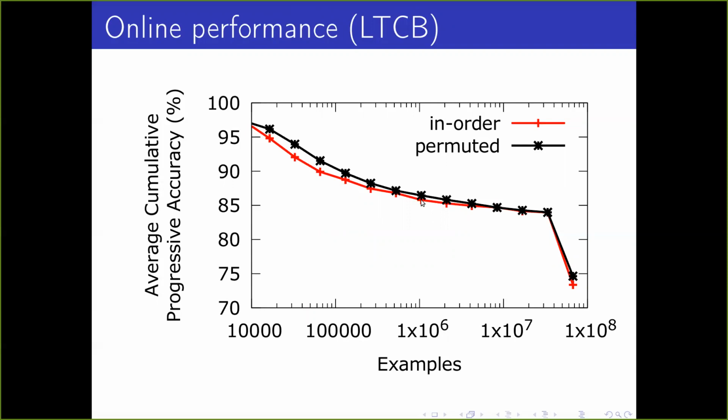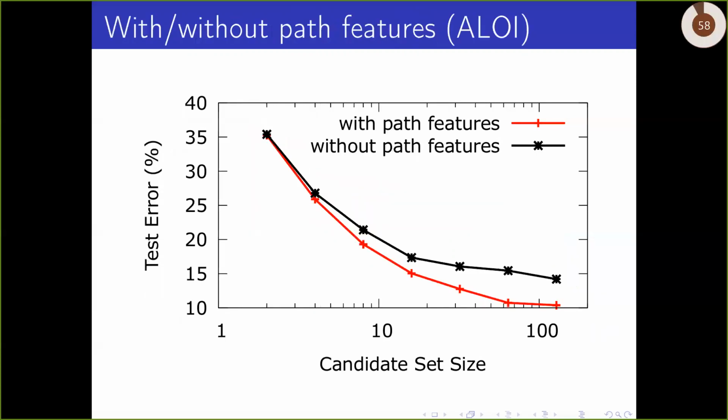So that's nice. In addition to getting logarithmic multi-time, we're doing online logarithmic multi-time. I think that's important if we want to apply these algorithms in settings where you're doing online optimization. Oh, and this is the path features. You can turn them off or on, and you can see that the performance is substantially better with path features.